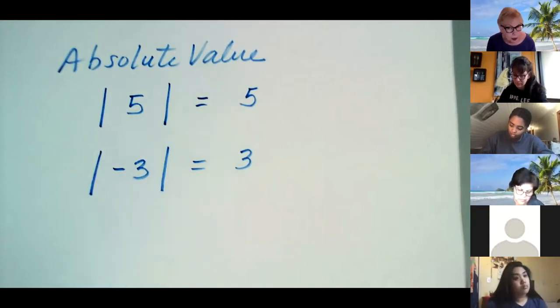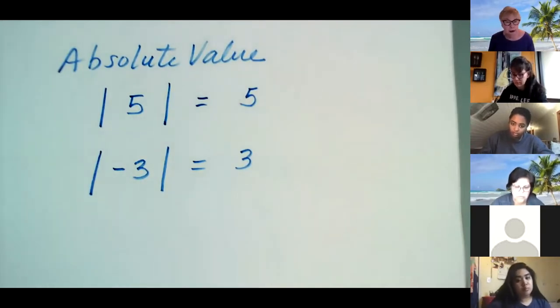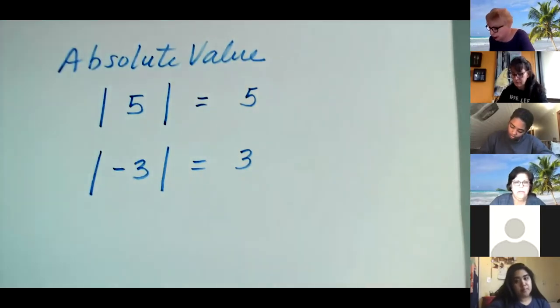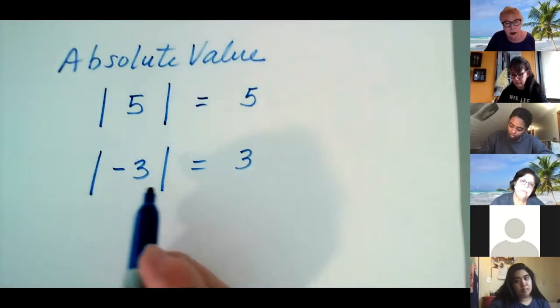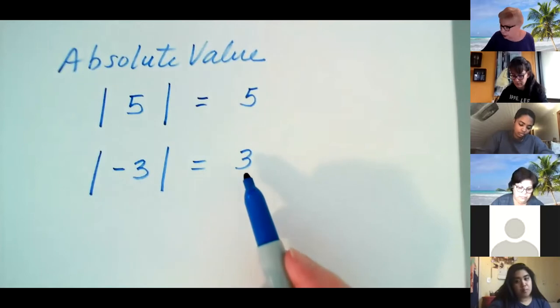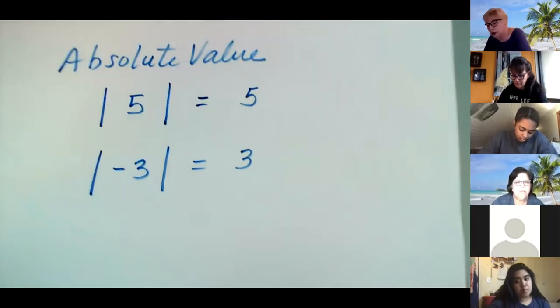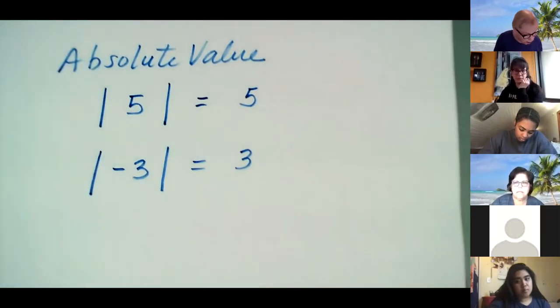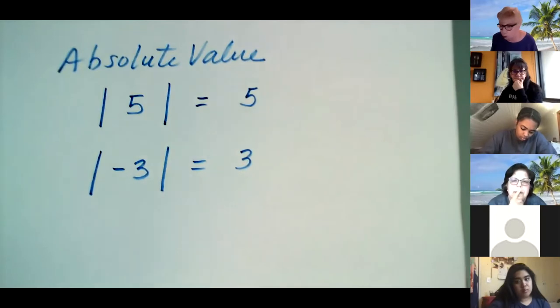And so you're ignoring the sign. Clearly, -3 is to the left of 0. But on the other hand, when you're asked to do the absolute value with these vertical lines, the answer is just 3. Now, this doesn't make sense until we actually do something with this, but we definitely need to be aware of this.